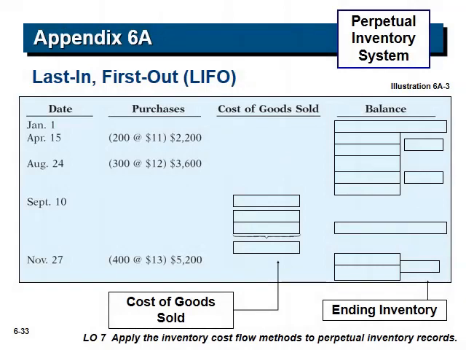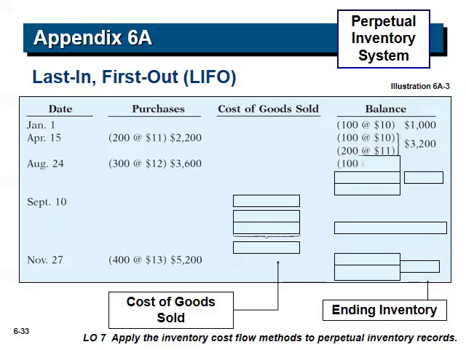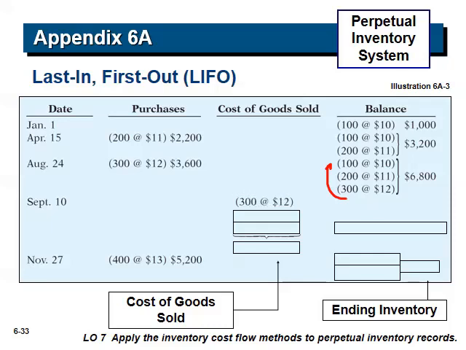Last in, first out, it's the same kind of problem. When you buy, you keep track of the different layers of inventory. So the first part here is very much like the previous one. However, when you go to sell, which ones do you sell first? With LIFO, you sell the most recent ones, and then you work your way back up. So we sold 300 at 12 plus 200 at 11 plus 50.